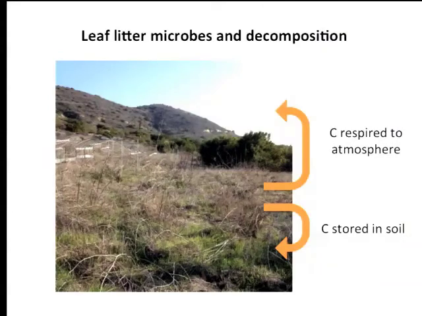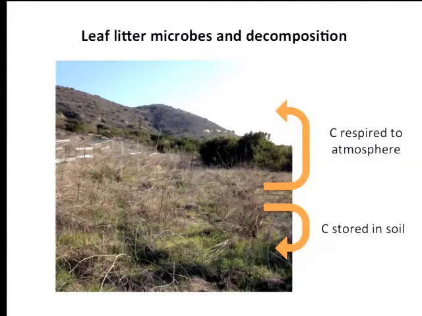And so we wanted to focus in on one ecosystem process that we thought we could quantify really well, and that was also very connected to the microbial community. So we chose to look at leaf litter decomposition.